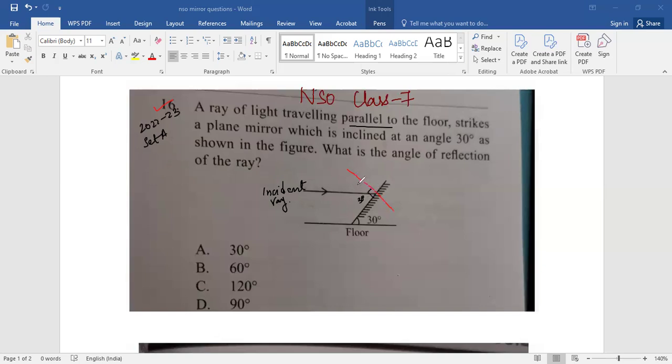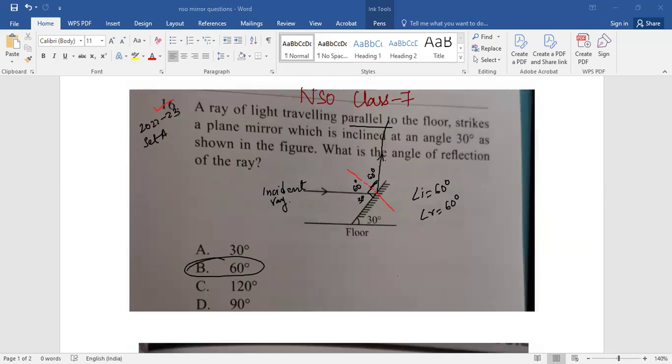So this is 30, this becomes 60. 60 plus 30 is 90. And then this is my reflected ray. So the angle of incidence is 60. Therefore, the angle of reflection will also be 60. So the answer for this question is option B.